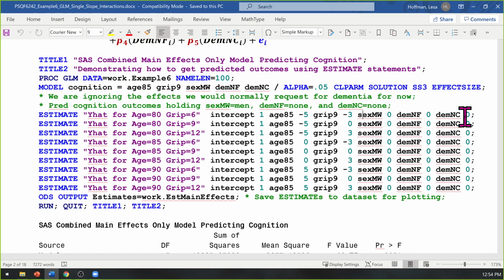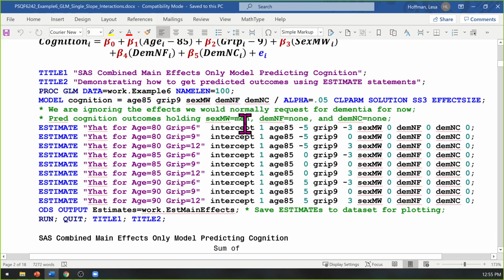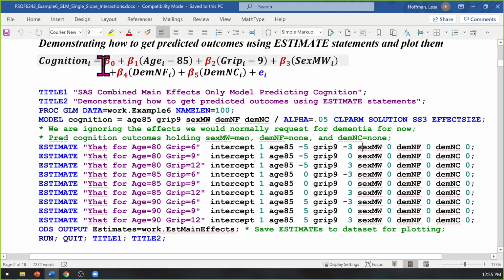One is Excel, which is pedagogically useful but painful and error prone. Number 2 is this, to write syntax. So each of these lines is going to generate what the predicted cognition would be for a person with these particular predictor values. So this exactly follows this equation right here.